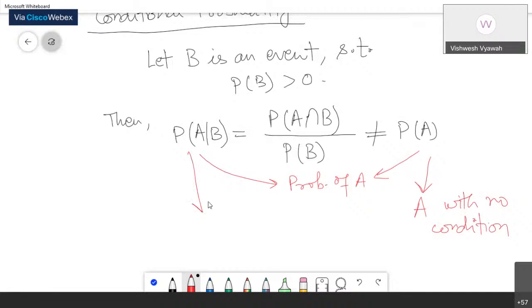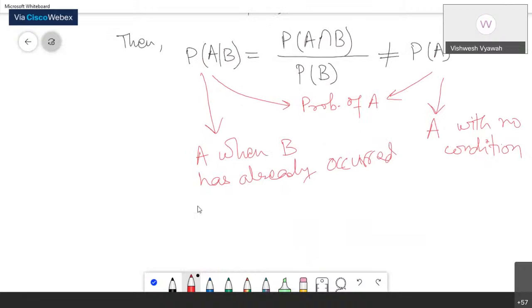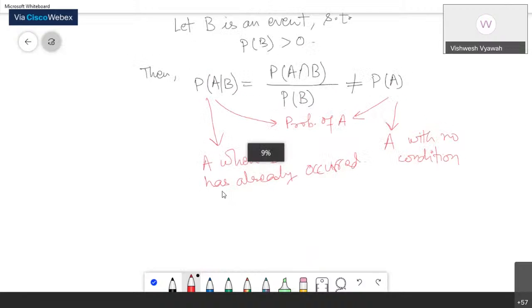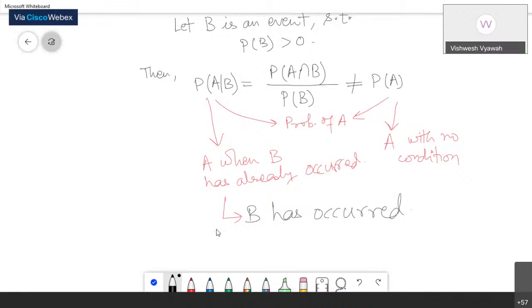Here I am finding the probability of A when B has already occurred. Event B has already occurred. So what does this mean? This means that B has occurred.